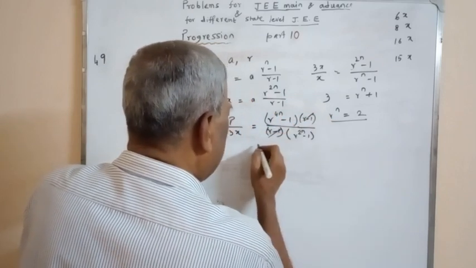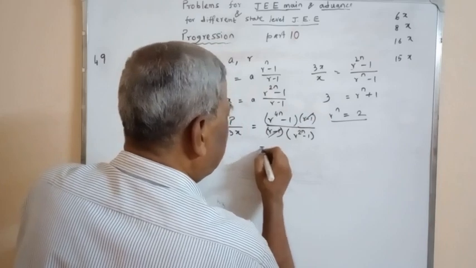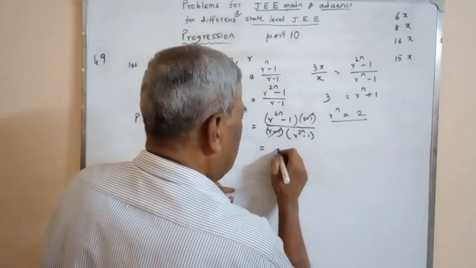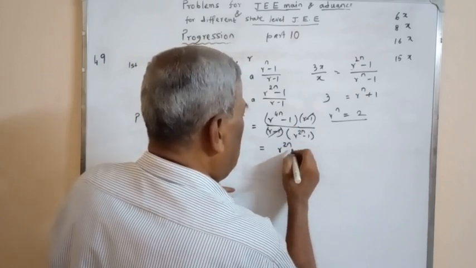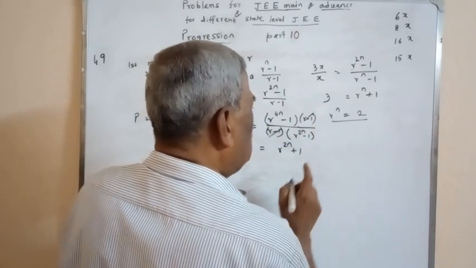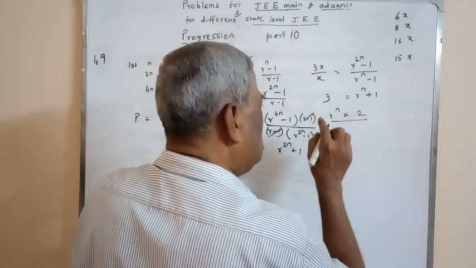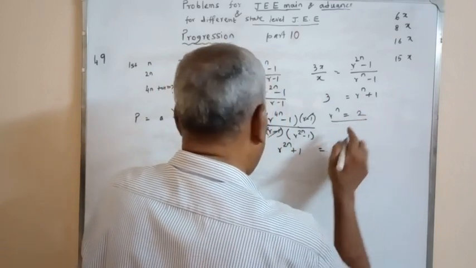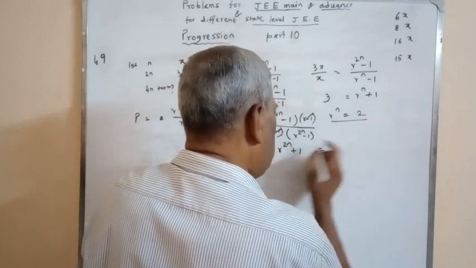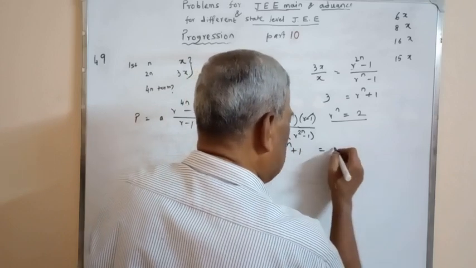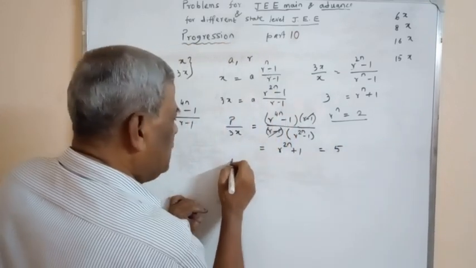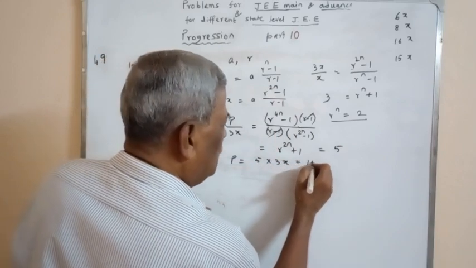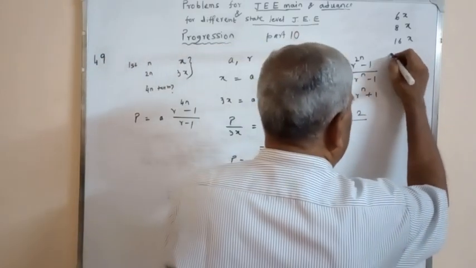So this cancels, one factor will be cancelled, and it is equal to r to the power 2n plus 1. But r to the power n is 2, so r to the power 2n is 4, then it is 4 plus 1, that is 5. So P is equal to 5 into 3x, which is 15x. So this is the correct option.